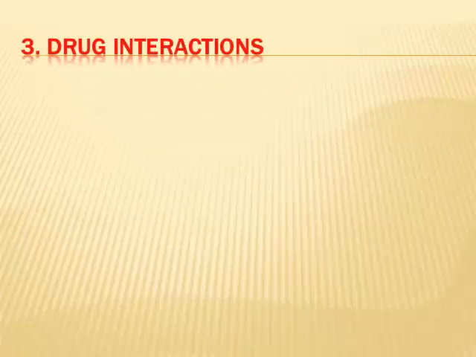The third one is drug interactions. Drug interactions refer to the modulation of the pharmacologic activity of one drug by the administration of another drug. Sometimes, this interaction is useful and intended, but in most cases, it is harmful and non-desirable.